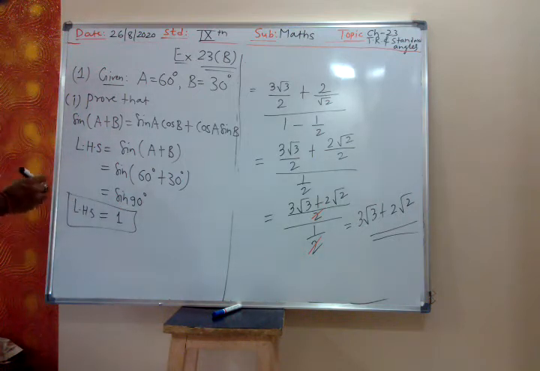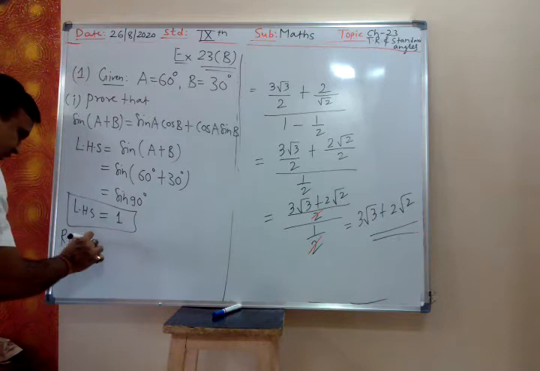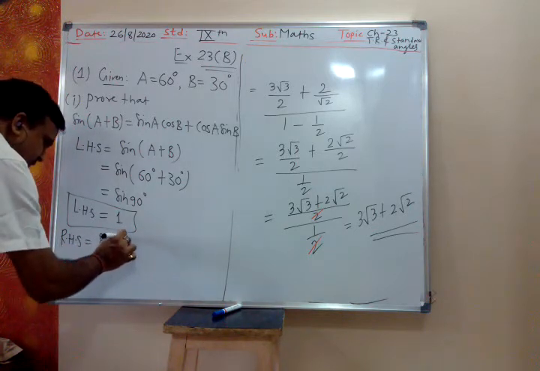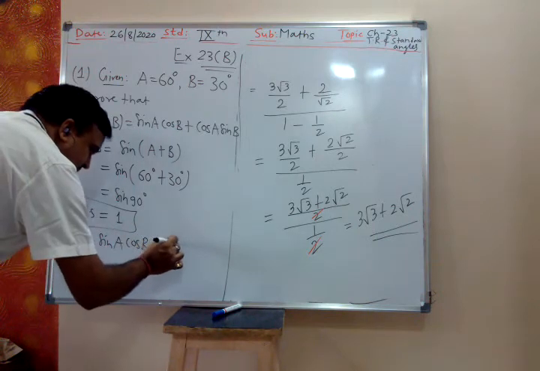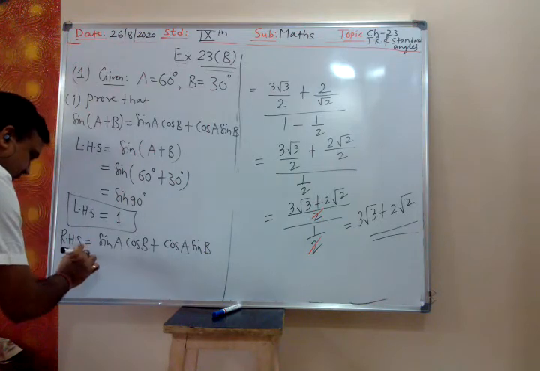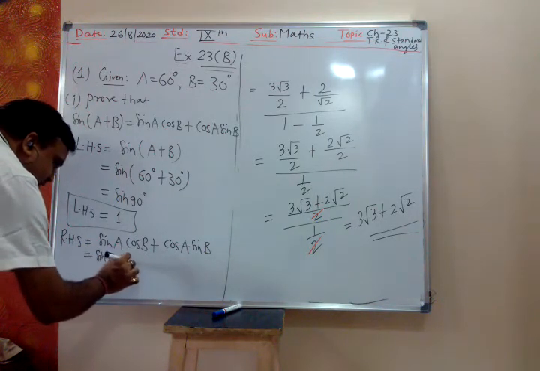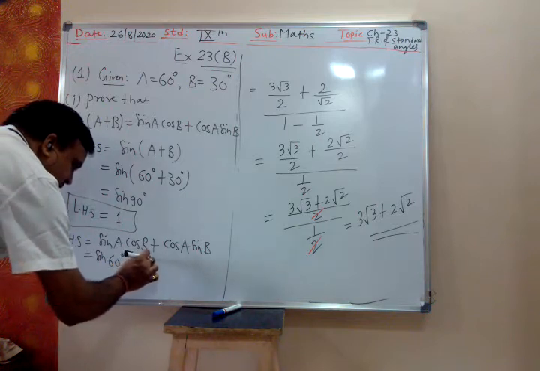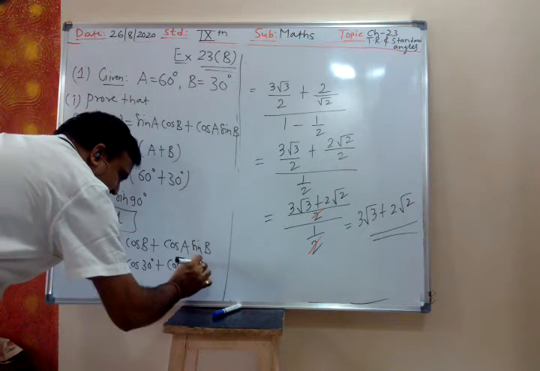Similarly, evaluate right hand side. Right hand side is sine A cos B plus cos A sin B. Sine 60 degree cos 30 degree plus cos 60 degree sin 30 degree.